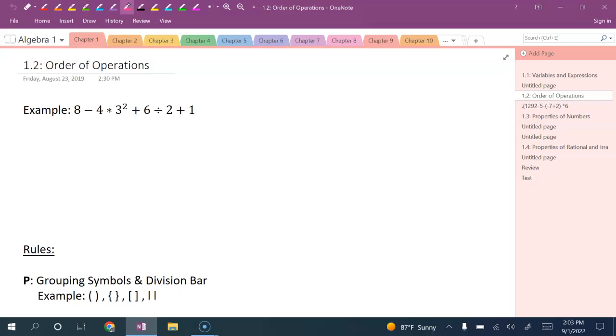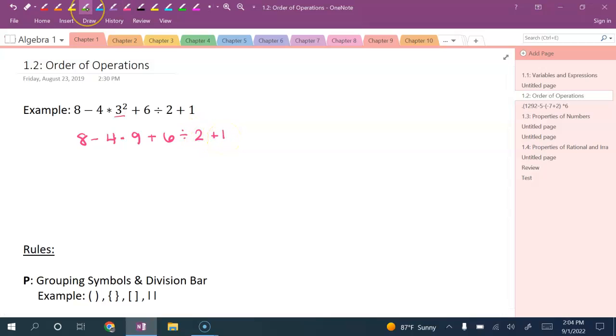So when you are doing a problem like this, the first thing you want to look for are any grouping symbols, parentheses. I don't see any of those in the problem, so I move on to the second thing, which would be exponents. And I see that piece that says 3 squared. So I'm going to evaluate that first and make that become a 9. So now I have 8 minus 4 times 9 plus 6 divided by 2 plus 1.